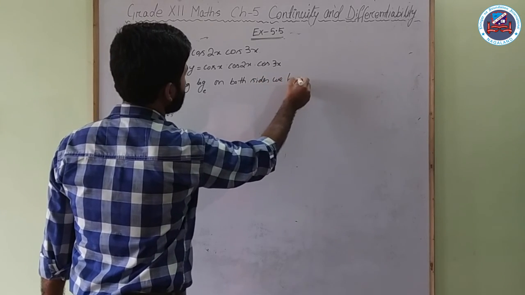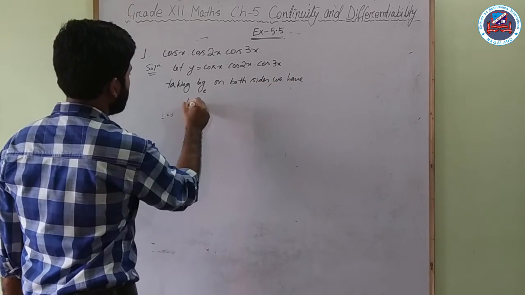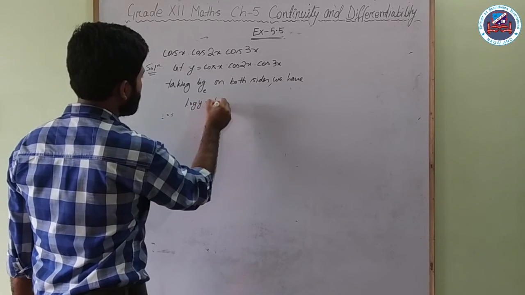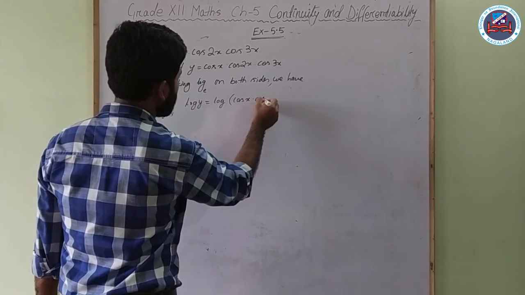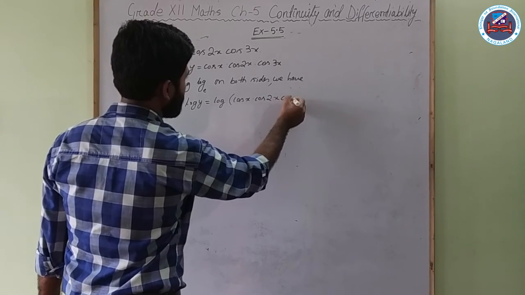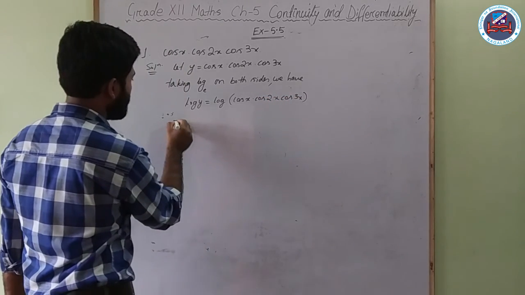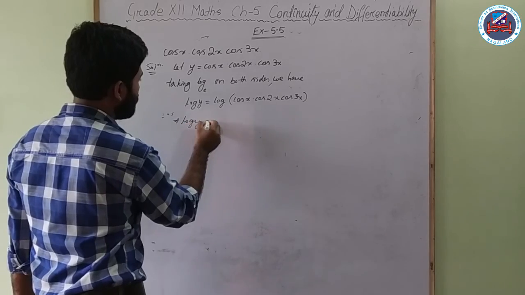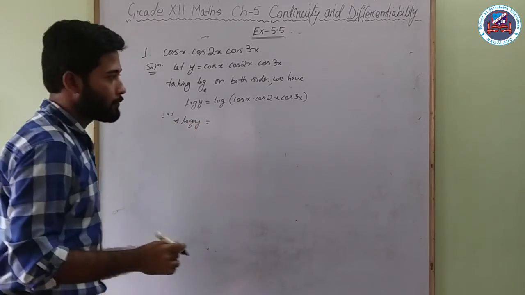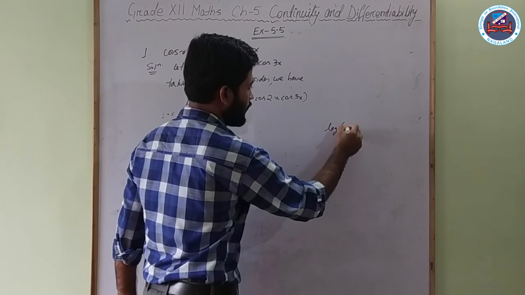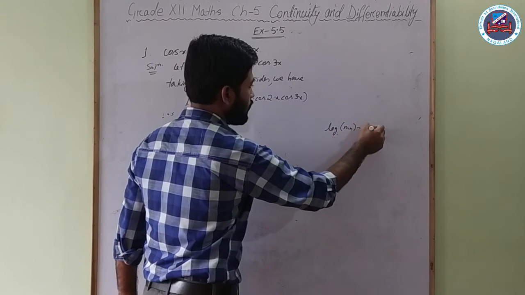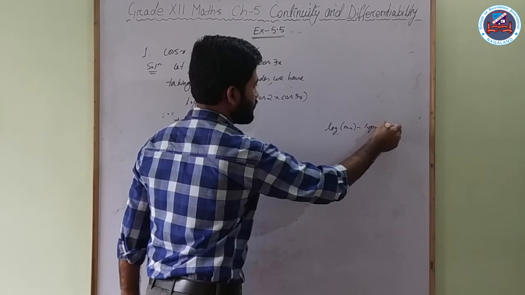we have log of y is equal to log of cos x, cos twice x, cos thrice x. Now, what is this equal to? We have got the property log of mn is equal to log m plus log n.